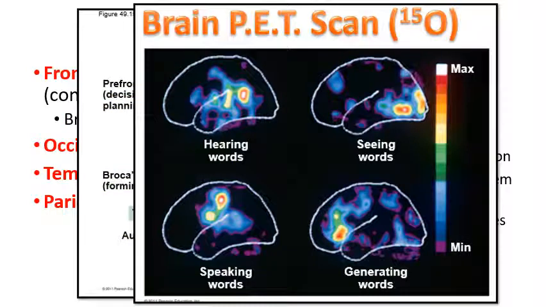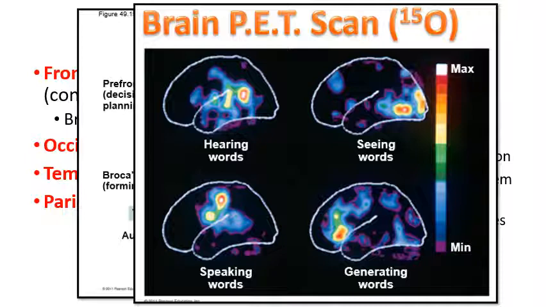Now this is something interesting. This figure is called a PET scan, a positron emission tomography scan. I don't expect you to remember that name, but it's a type of analysis you can do on the brain.